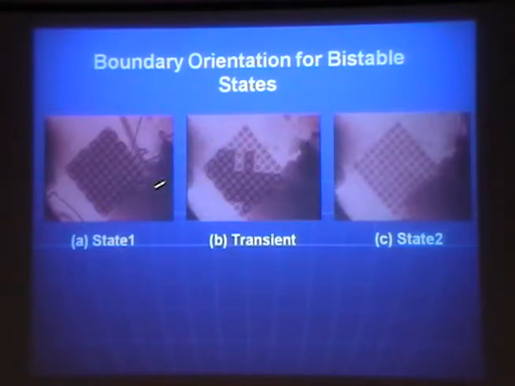And the behavior of this disclination line is really intriguing. If you apply an electric field, this disclination line, as if tension is applied, the dark line is pulled out of this region, giving way to bright boundaries.